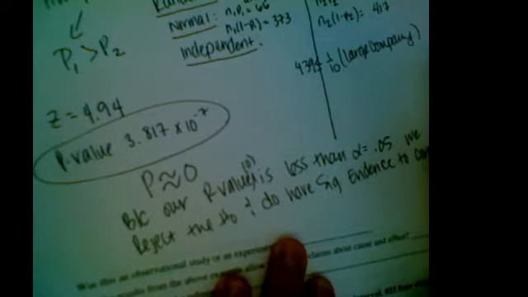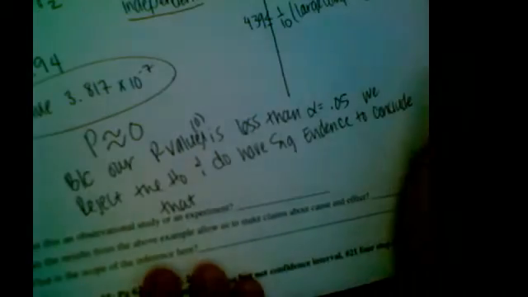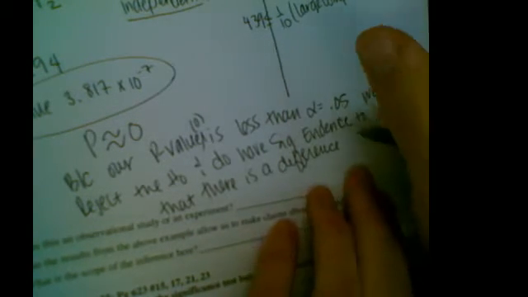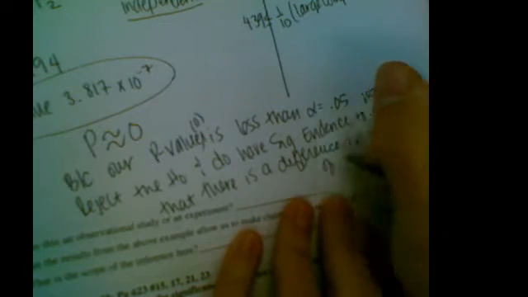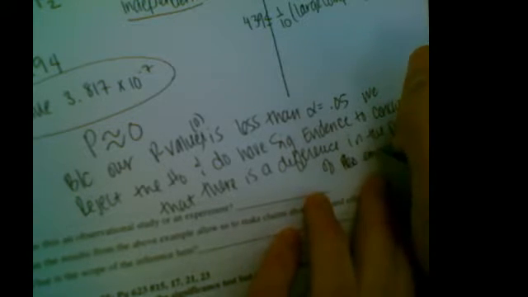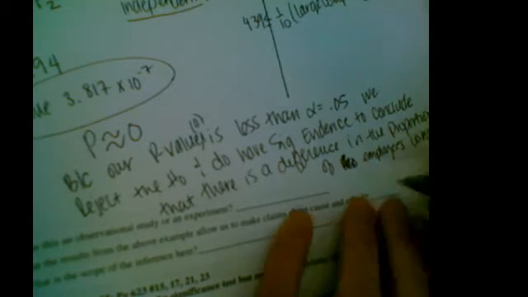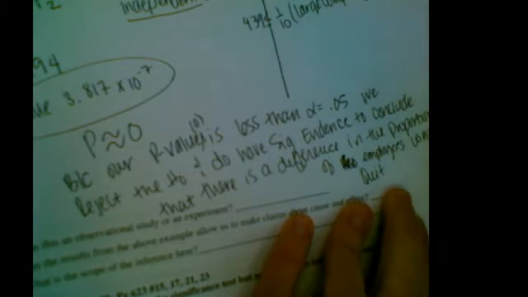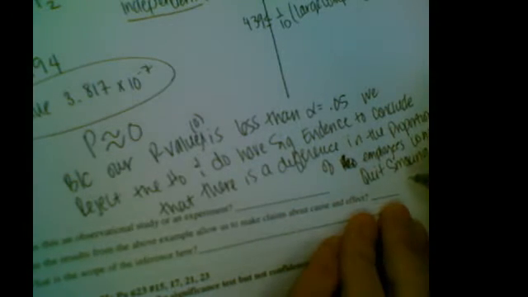to conclude, try to get it all in there, that there is a difference in the proportions of people or employees, that's a better word, who quit because of money.